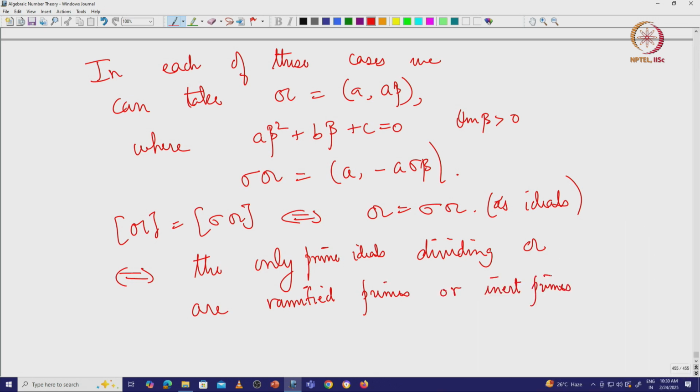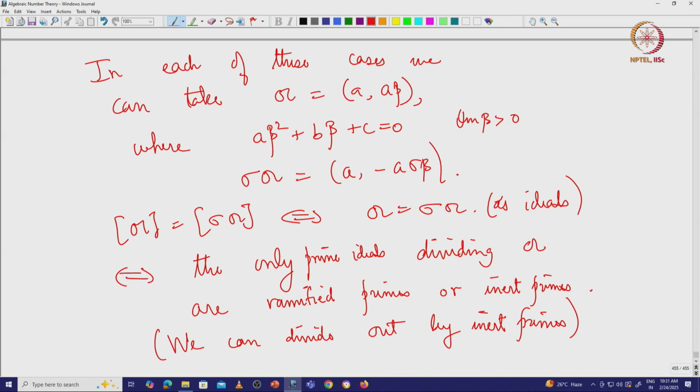So, things that are already coming from primes of Q. We can ignore inert primes, we can divide out by inert primes. So, those really do not matter, the only primes that matter are ramified primes, right.